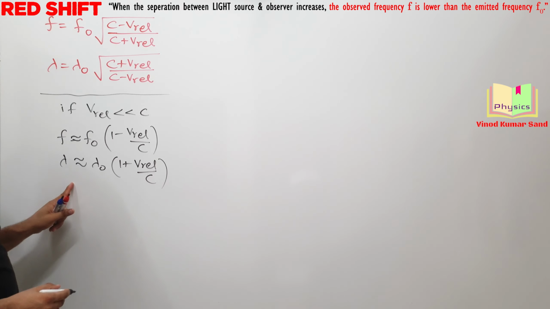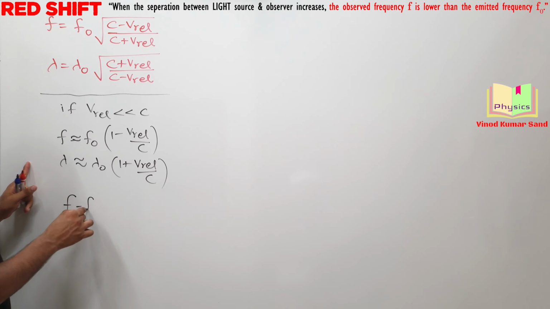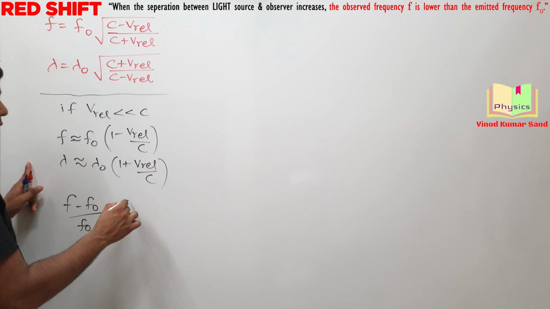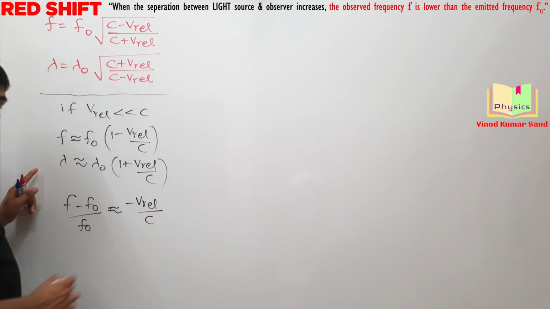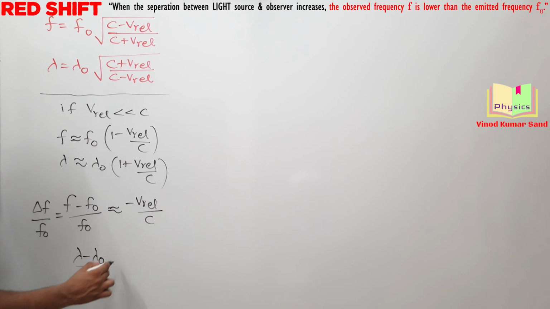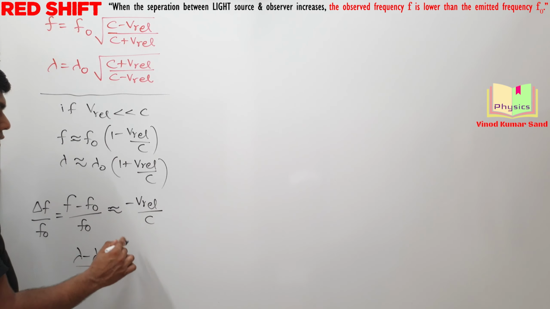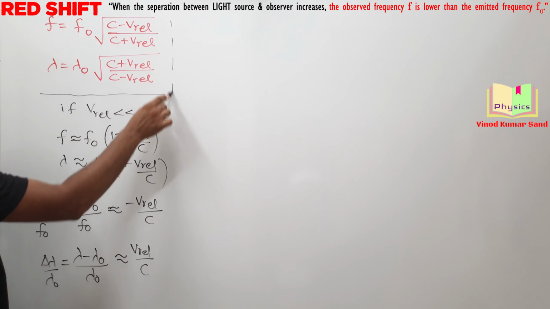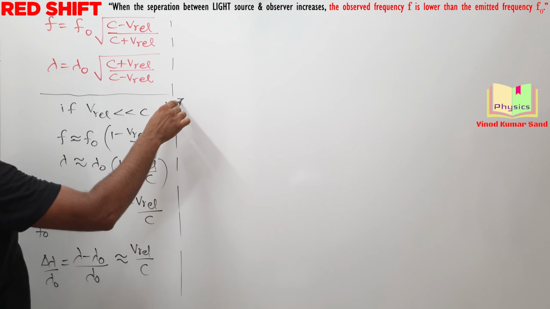If we simplify, f minus f naught by f naught is almost equal to minus v relative by c, which in turn can be written as delta f by f naught. And lambda minus lambda naught by lambda naught is almost equal to v relative by c, which can be written as delta lambda by lambda naught. If you wish, I can prove the things again here.